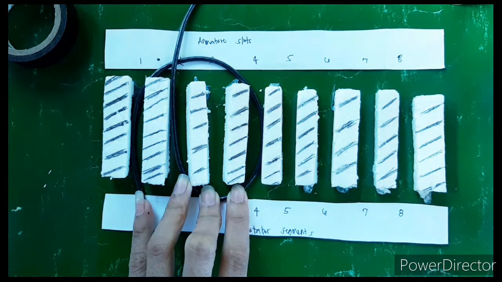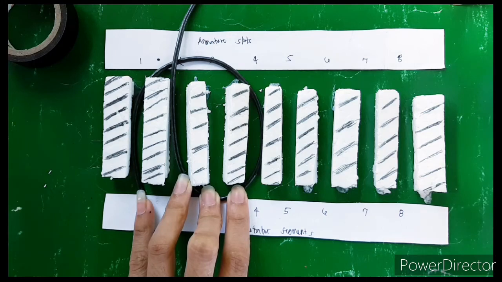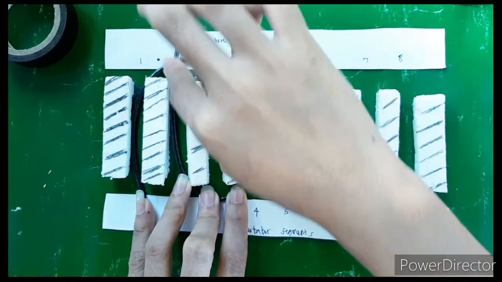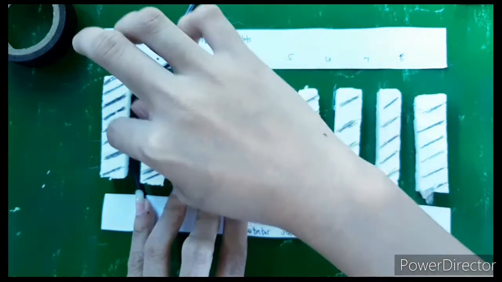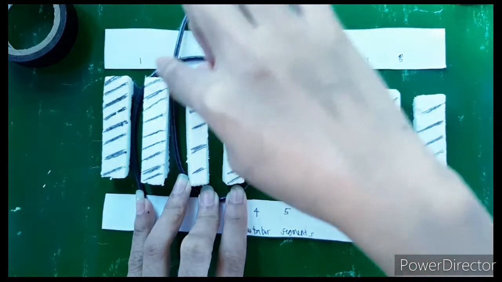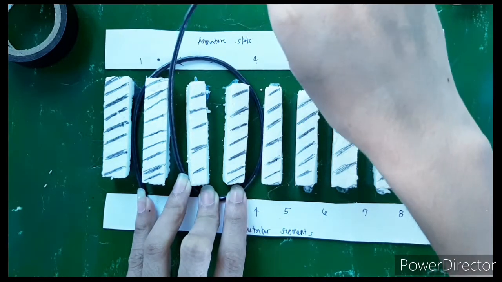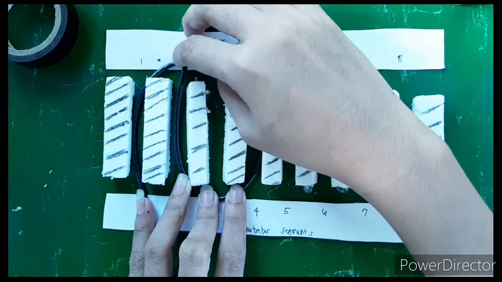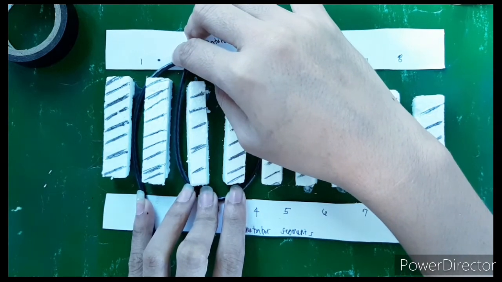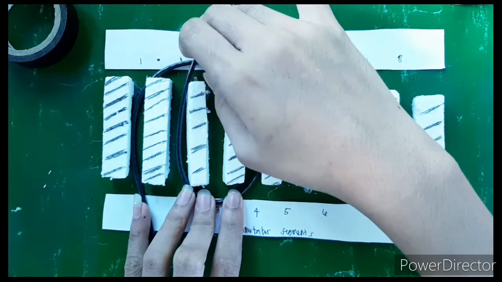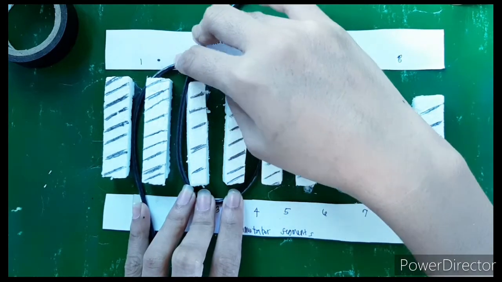And the resultant pitch is just the distance between the starting sides of the two coils. This is the starting coil of our first turn and the starting coil of the second turn. So for the resultant pitch, we just get the difference between the slots of the two. So 2 minus 1, so we have 1 slot.